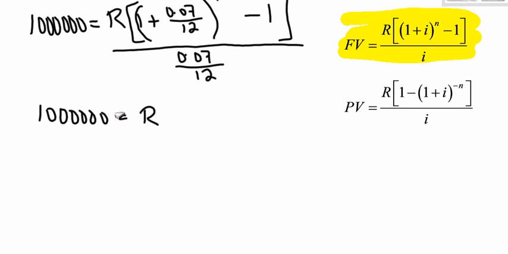So in this bracket, I have 0.07 divided by 12 plus 1. I've already done it on the other question, I realize, but whatever.